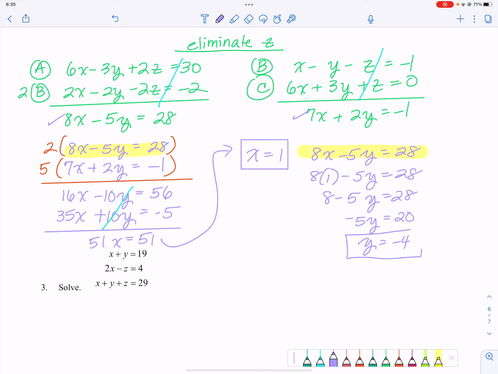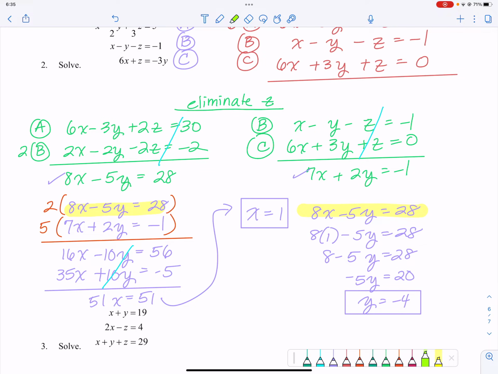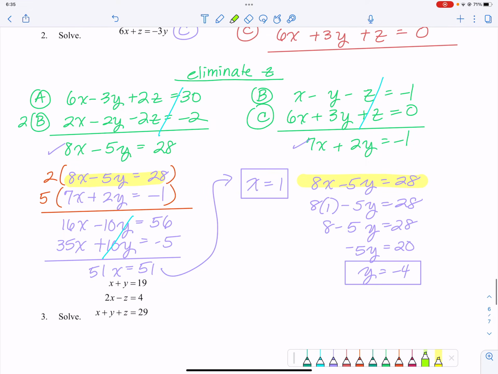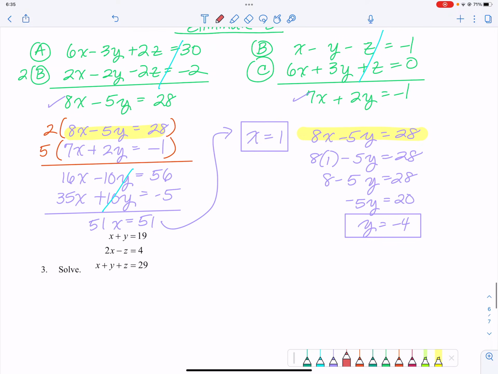So now we have x equal to 1 and y equal to 4. So now we will go back into this original equation. So equation B.